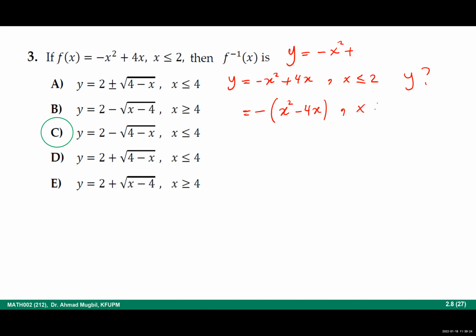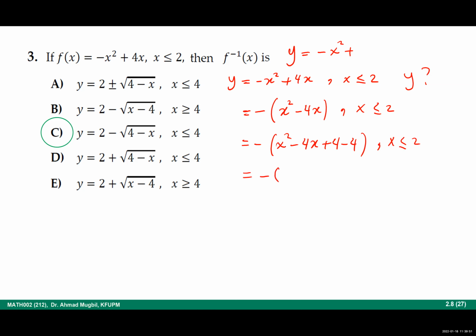You are still unable to figure out what y is. So you go inside the brackets and complete the square. What is the coefficient of x? Negative 4. Half of it is negative 2. The square of it is 4. So you add 4 and subtract 4. You just add 0. We are still unable to figure out what y is, but it's okay.